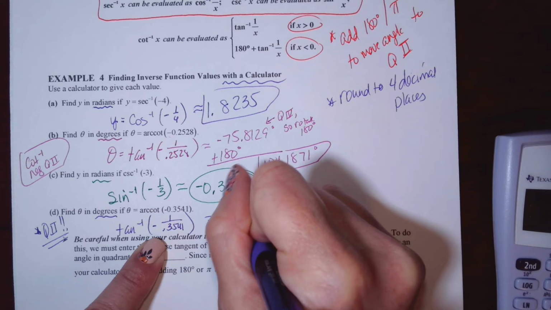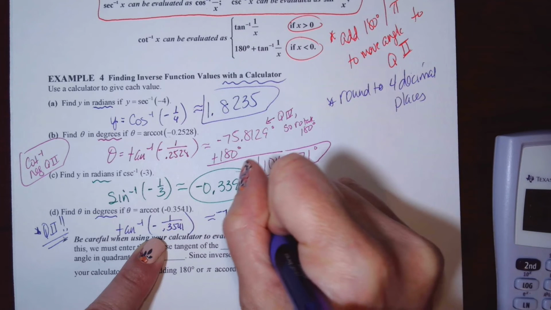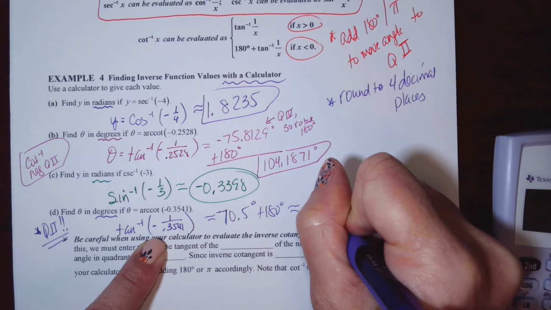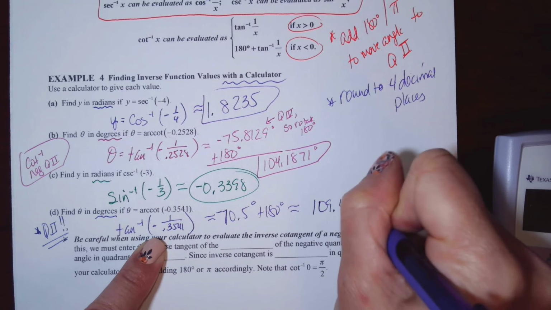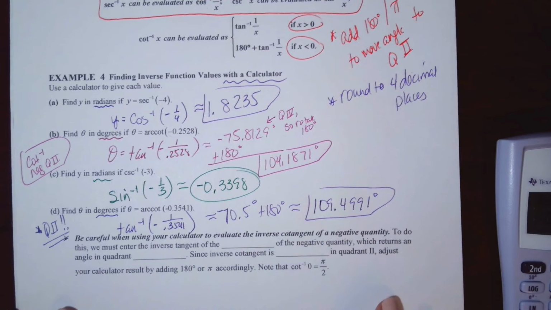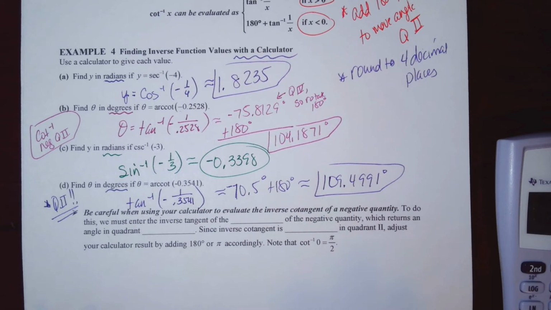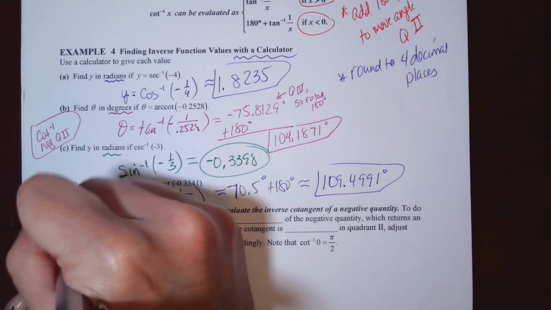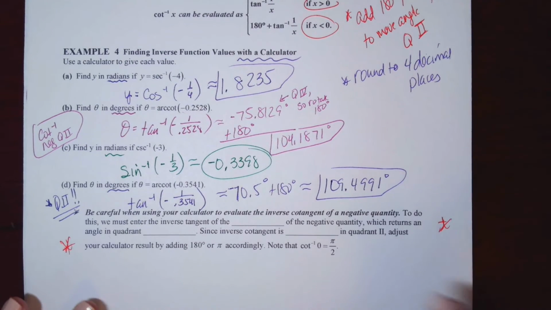That was negative 70.5 plus 180, which got me to 109.4991 degrees. Make sure you have a degree symbol if it's degrees. Now, just another reminder, be careful when you're using your calculator.